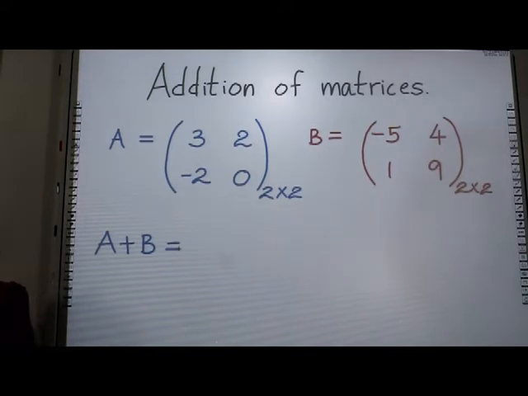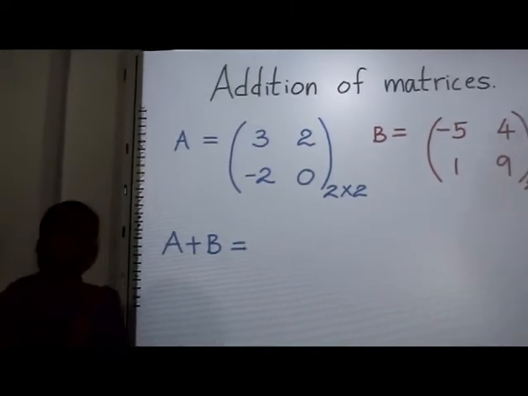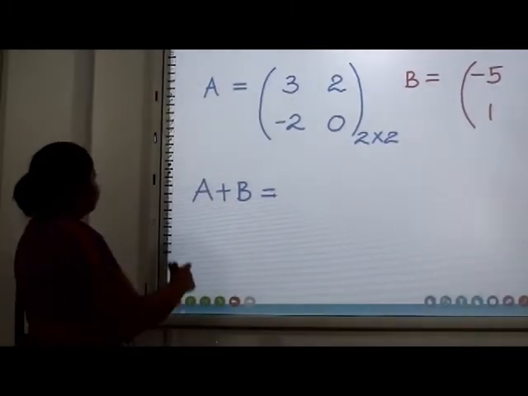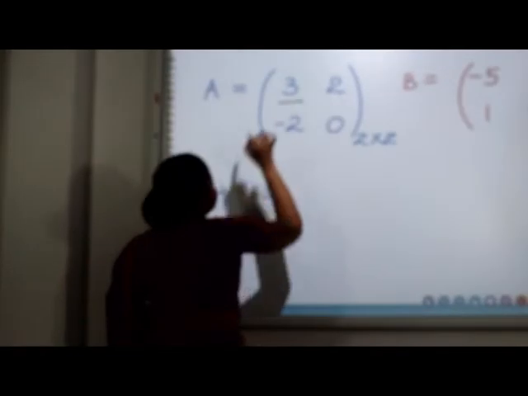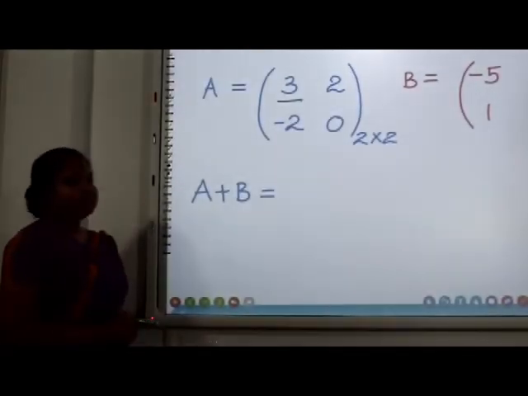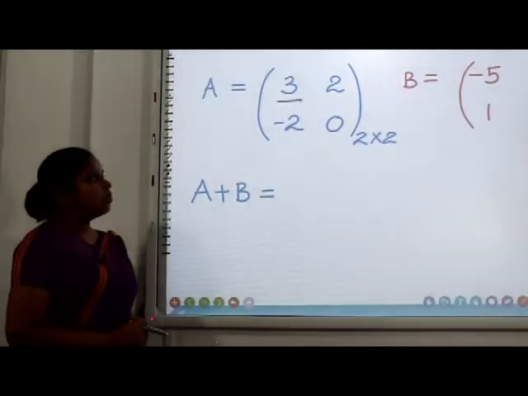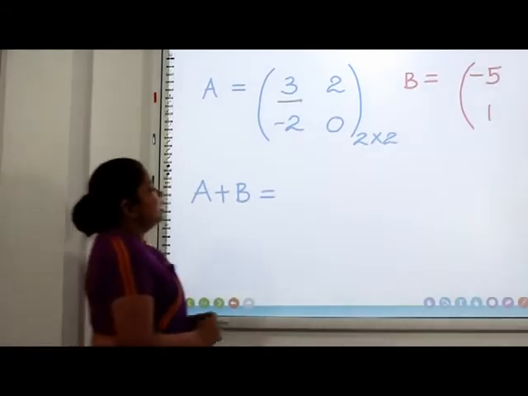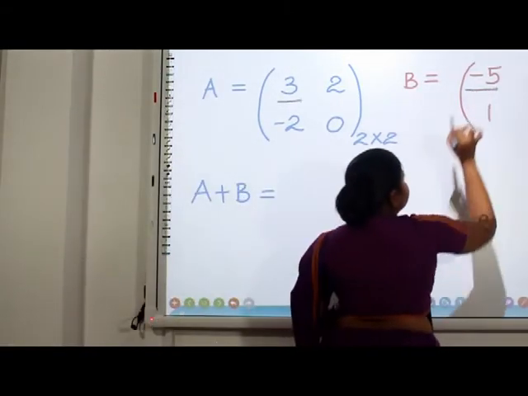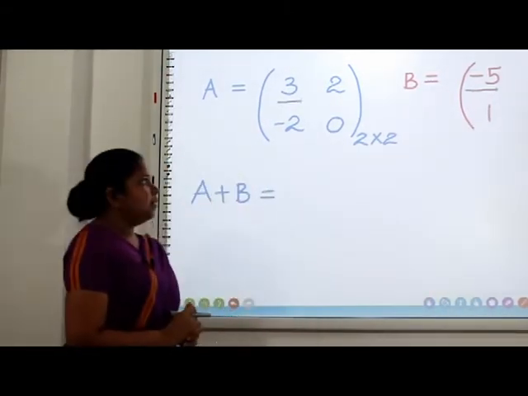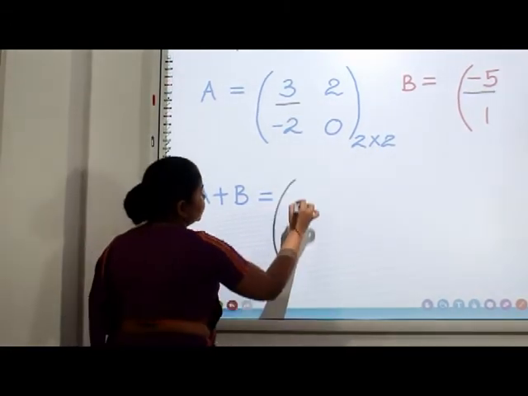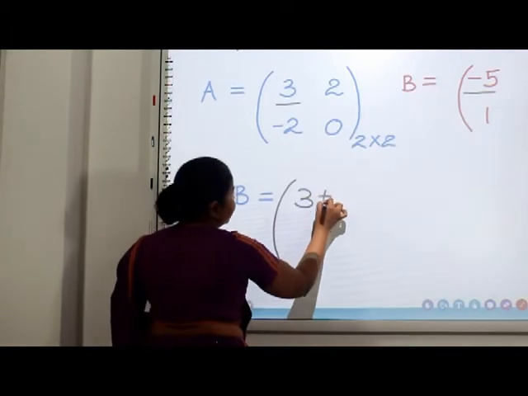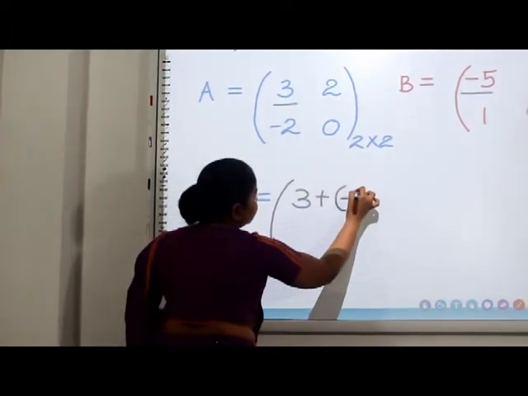When adding matrices, you have to select the corresponding elements of the 2 matrices. In the first matrix, A, you can see 3 in the first row, first column. In the second matrix, -5 is there. Then you have to get the sum of these 2. Then 3 plus -5.